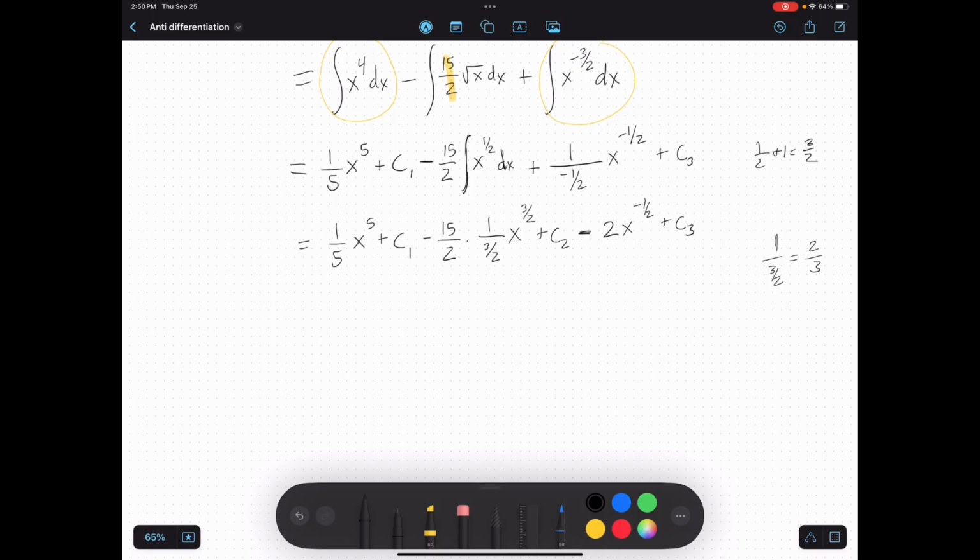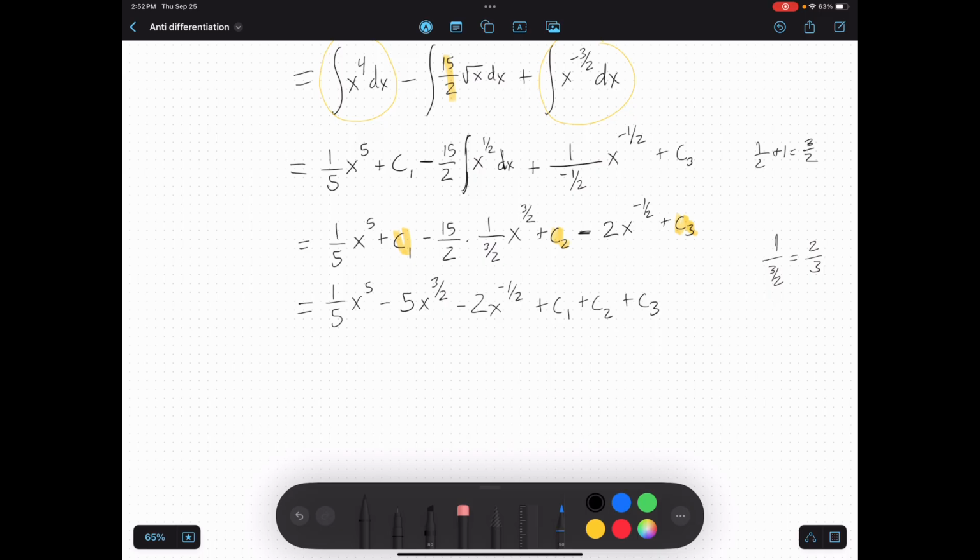But what do I do about all these constants of integration? I have a separate c for each of my individual antiderivatives that I found. Well, stay with me here. I'm going to rewrite this and just put all those constants at the very end. 15 over 2 times 2 over 3, I actually get just 5. So minus 5x to the 3/2 minus 2x to the negative 1/2. And then I'm putting all of these constants right here next to each other. What happens when I add constants together?